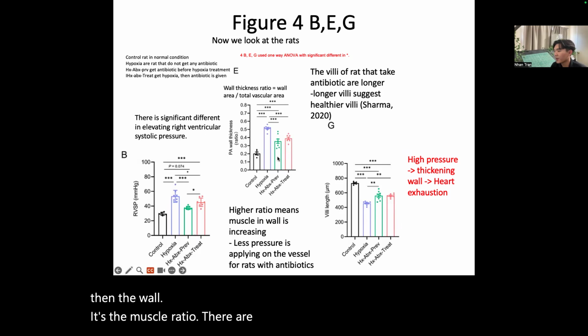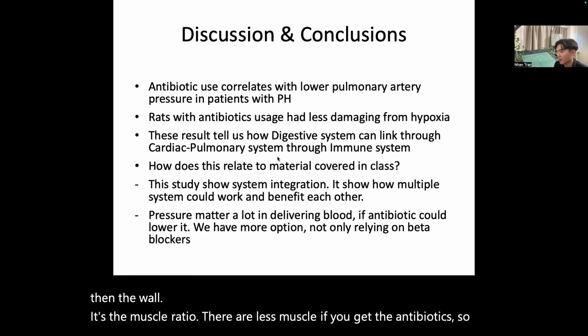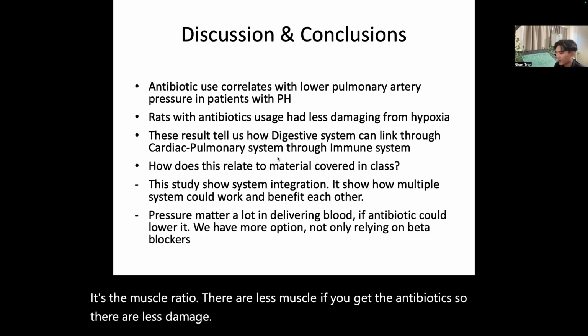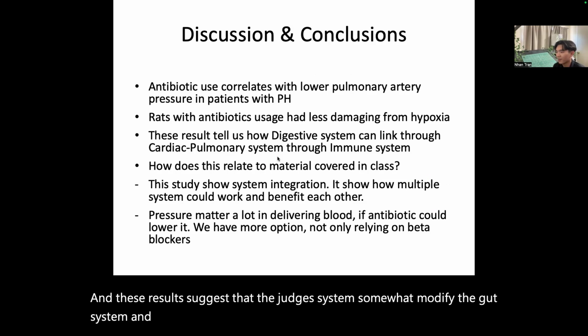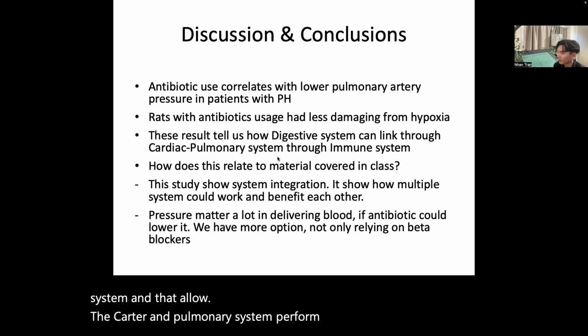There is less muscle if you give the antibiotics, so there is less damage. And these results suggest that the digestive system somewhat modified the gut system, and that allowed the cardiac and pulmonary system to perform better in PH.